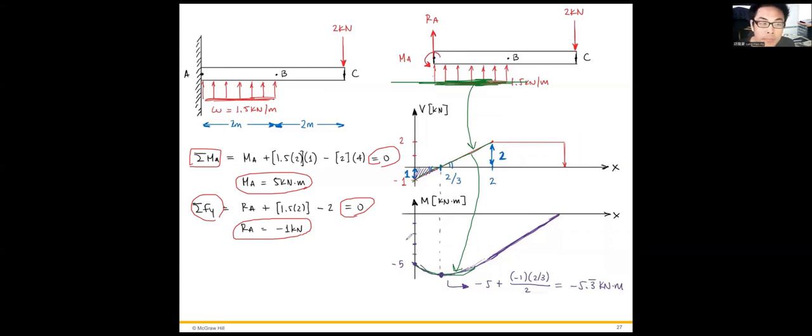Okay, so we already found the reaction at point A is -1.